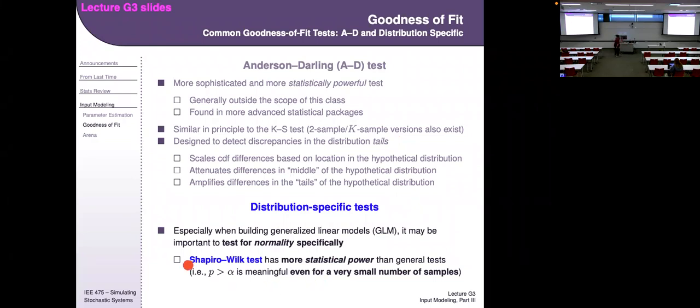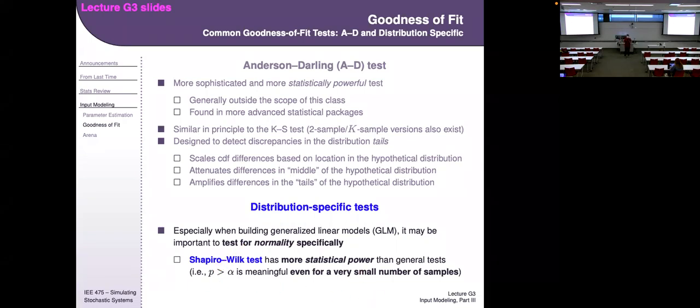The Shapiro-Wilk test is a distribution test specific for normality that has extremely high power. I'm not going to beat up on you in this class, but when you leave, if you try to ever do a t-test or an ANOVA or a generalized linear model of any sort, then someone in the chain of custody of your report is going to expect that you have checked for normality before you did that test. And you can do that by doing a Shapiro-Wilk test.